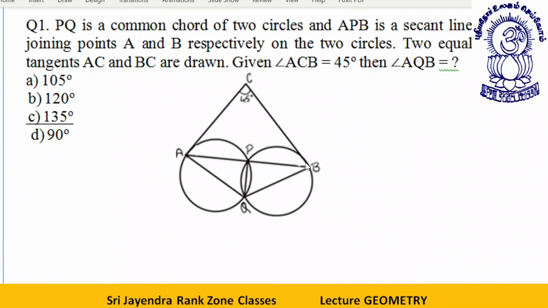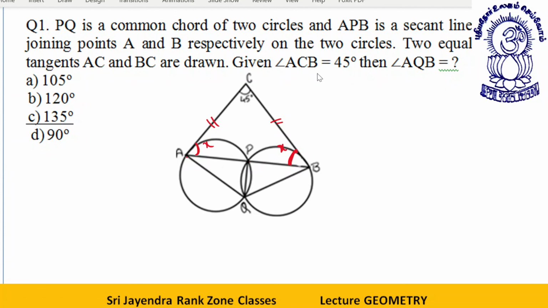Now this is a very important point, difference. These are equal tangents. So what will happen? This angle and this angle will be equal. Suppose this is X. Why? Because these two are equal, so these angles will be equal.